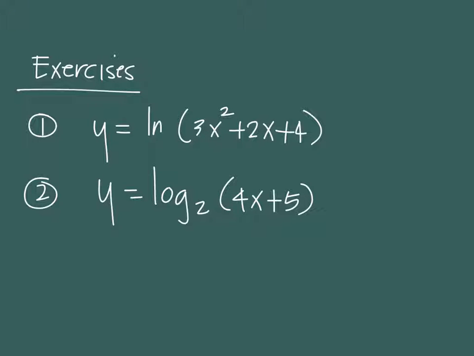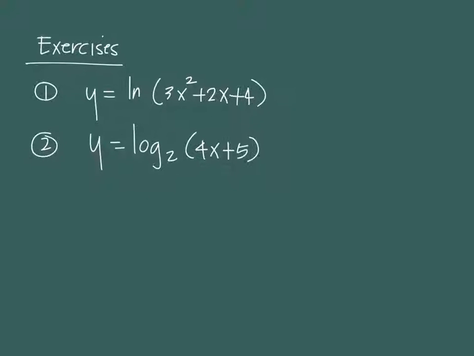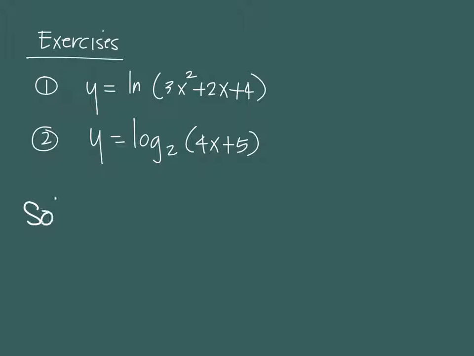So first we start with number 1, given that y is equal to ln of 3x squared plus 2x plus 4. If we want to get the derivative, what is the derivative of y equals ln of 3x squared plus 2x plus 4?